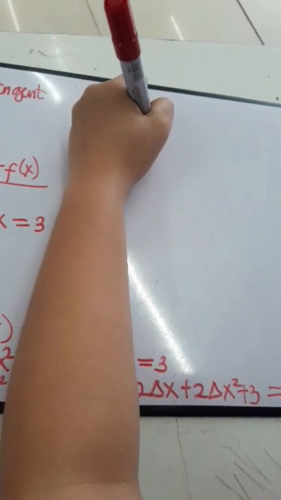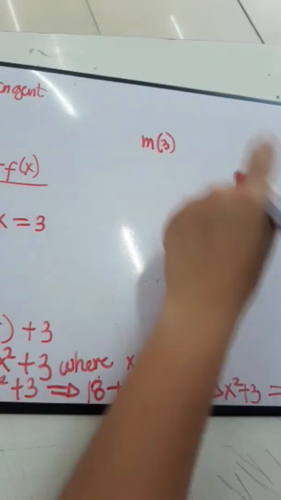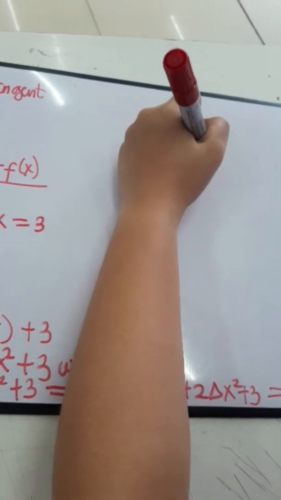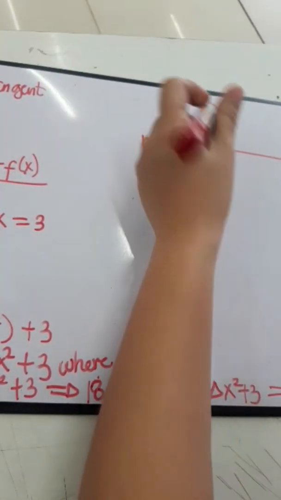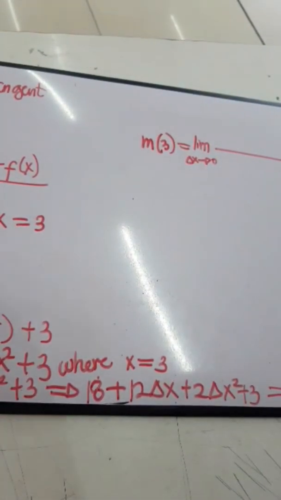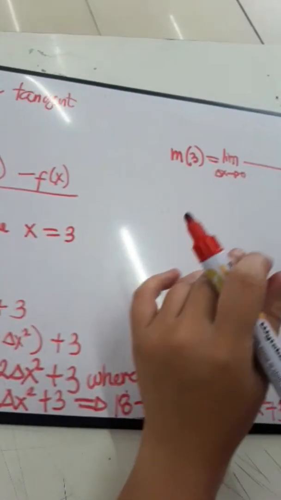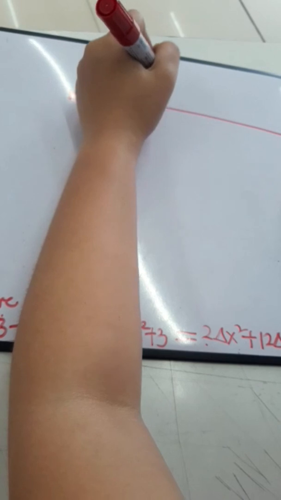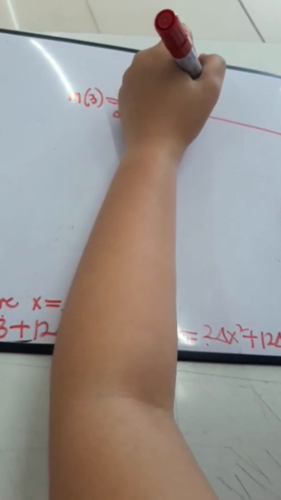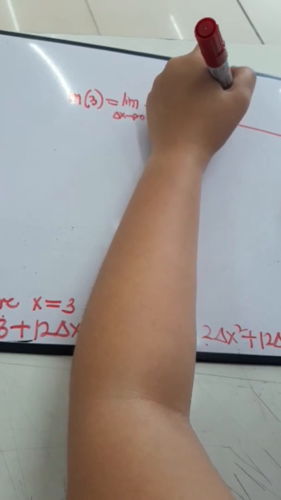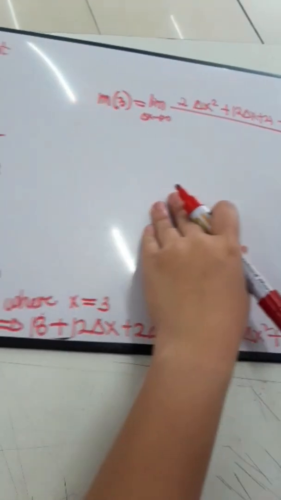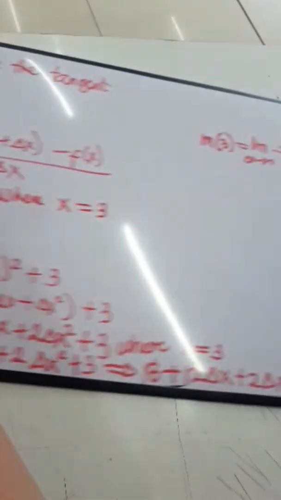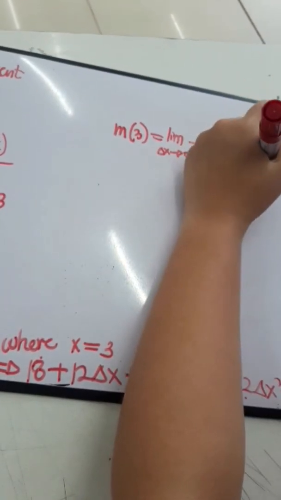Okay, so let's go back. We use the slope at x equal to 3, where the limit as delta x approaches 0. We put in 2 delta x squared plus 12 delta x plus 21, minus the value of f of 3, which is equal to 21, so 21, all over delta x.